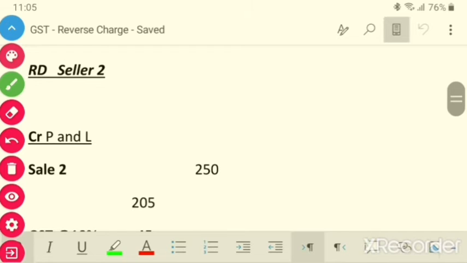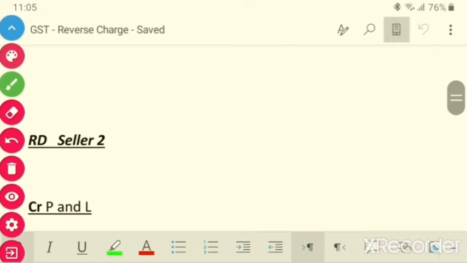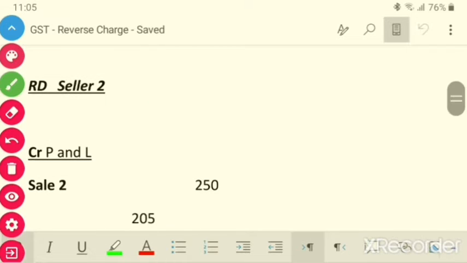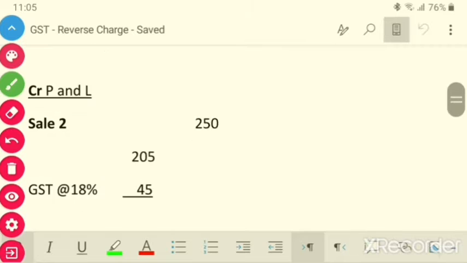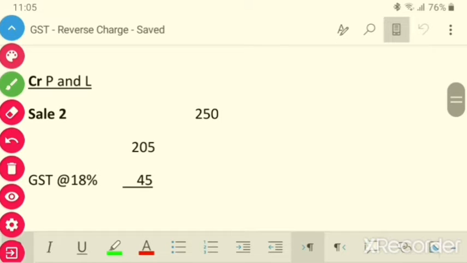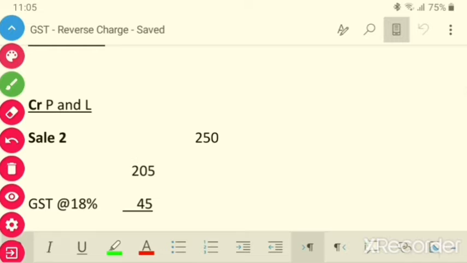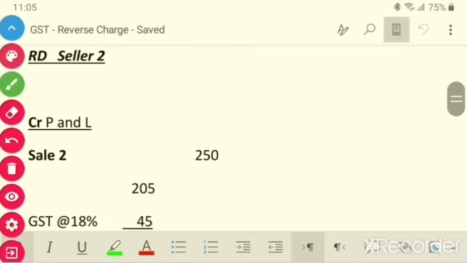Next, stage 2 sale. That person is also a registered dealer, seller 2, that is stage 2. The same goods are going via stage 2 sale by seller 2. Let's have a look into the profit and loss statement or income statement of seller 2.